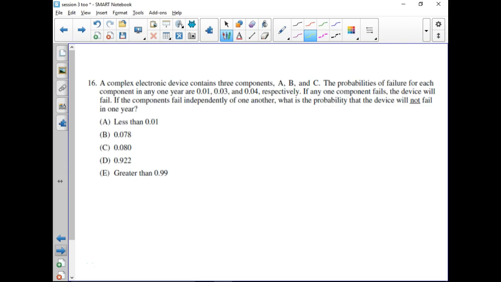Yeah, so think of it this way as a reminder when you have a sequence of events, you can multiply.